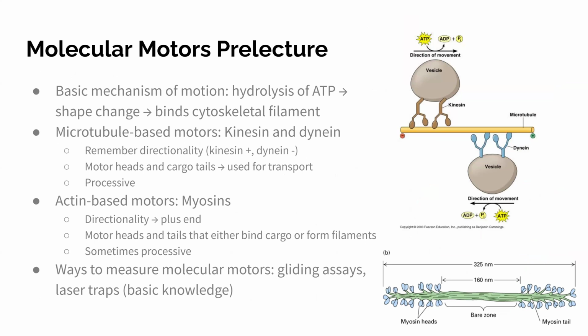So basically, you would have one side of the cytoskeletal filament here, and I might be wrong, but basically the way it's going to work is these heads will bind here and then they'll pull this that way.